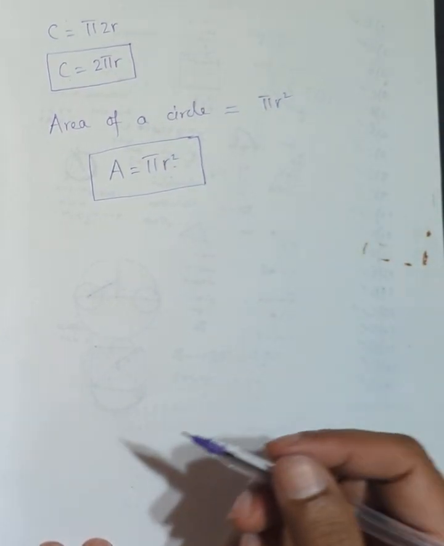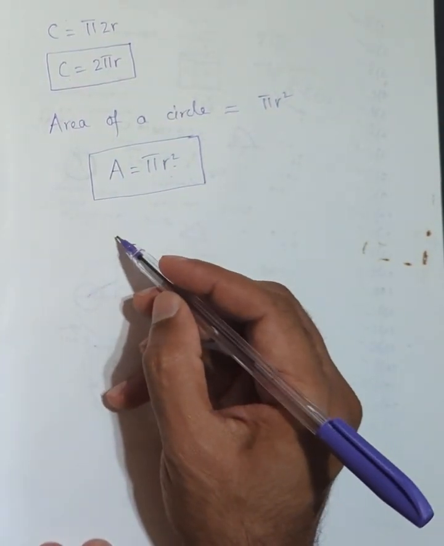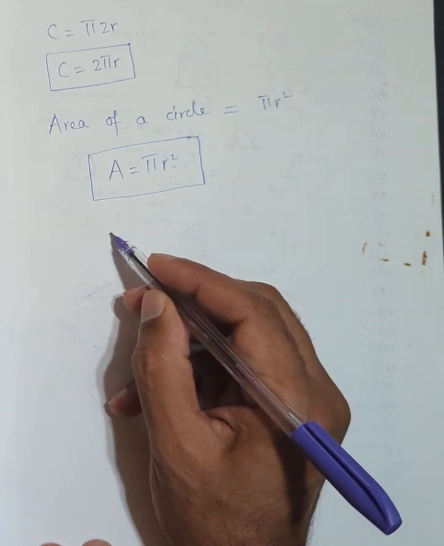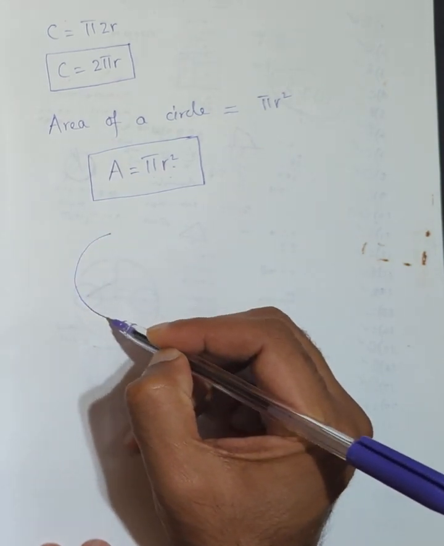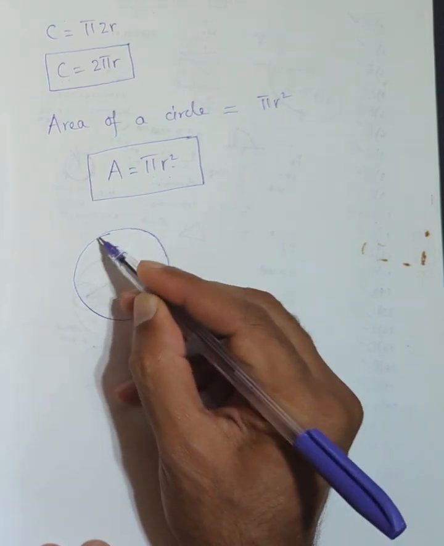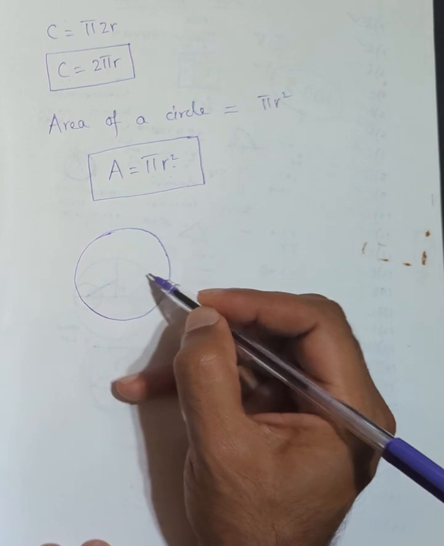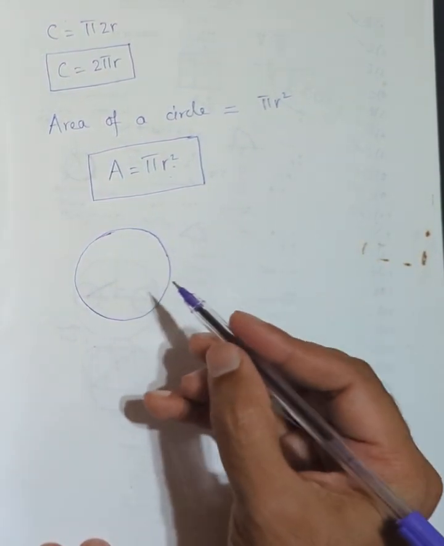So those are the formulas for the circumference and area of a circle. Now there are some other terms related to a circle. So let's get all of the terminology that we can in this video. So if I draw a circle, we talked about the center, radius, and diameter so far.